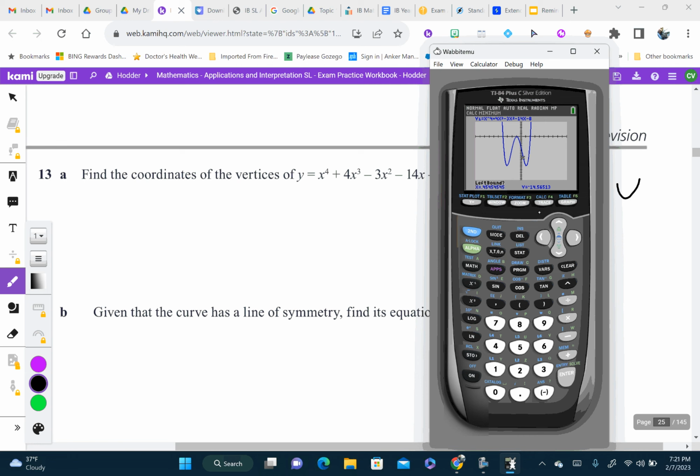So I'm going to go anywhere to the left of this little valley thing here. I'm going to go enter, and then I'm going to go anywhere to the right of it, okay? And I'm going to hit enter, and I'm going to guess where I think it is. It's somewhere around here, and I'm going to hit enter. So I found out that this point right here, so it's 3 significant figures.